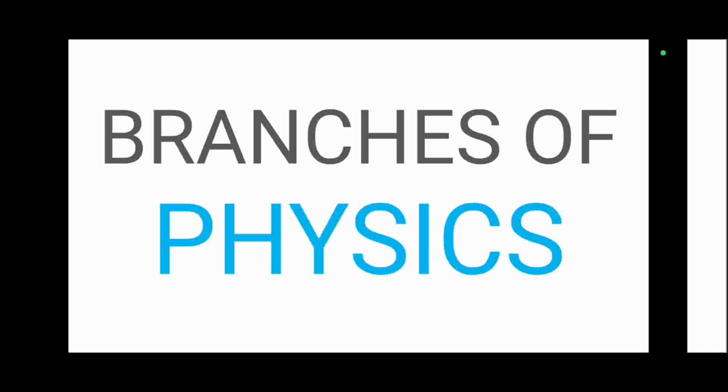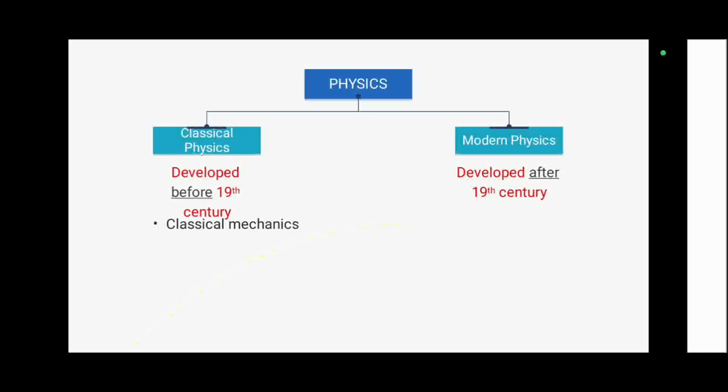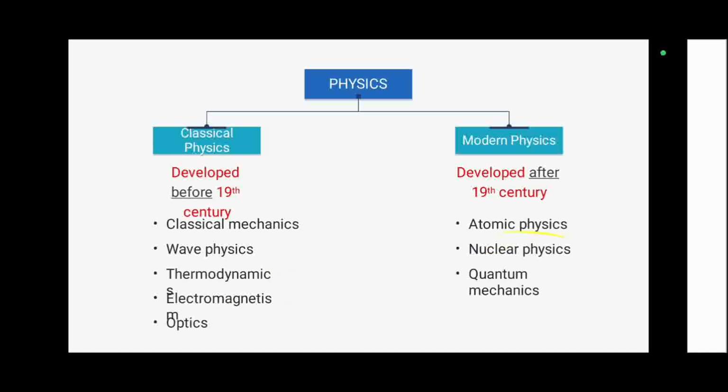Branches of physics: first classical physics and then modern physics. And what is classical physics? Classical physics takes Newton's laws of motion as the background in the study of macroscopic objects.